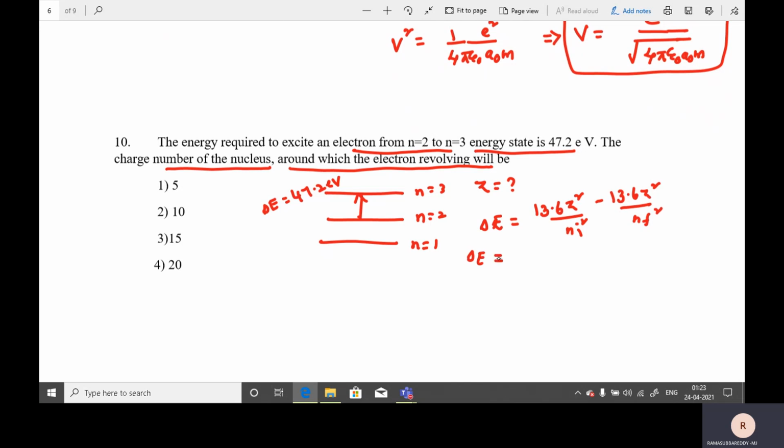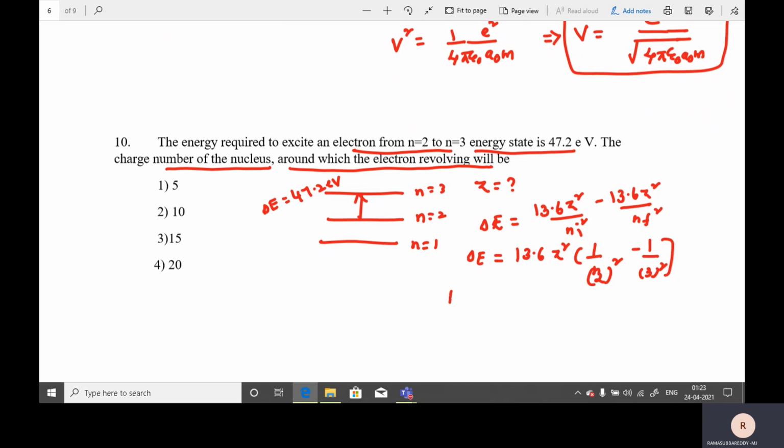Then delta E is equal to 13.6 Z square, for hydrogen it is 1, but here we need to find the Z value only, so don't substitute, keep it in mind. Z square times 1 by ni square, ni square is here 2 square, minus nf square is 3 square.